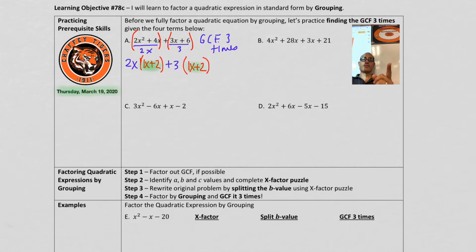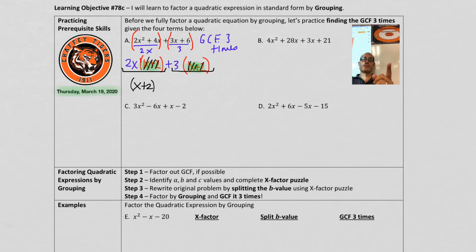So notice how at this point in my problem, this factor and this factor are the same. That's what I need to happen. Now to finish, I need to GCF one more time. So now looking at this big old term and this big old term, they both have an x plus 2 in common, which is what I have here in green. So I'm going to divide that out of both of them. So this comes out of both.